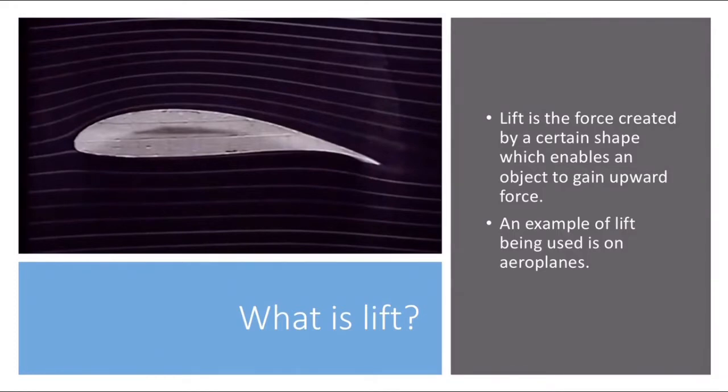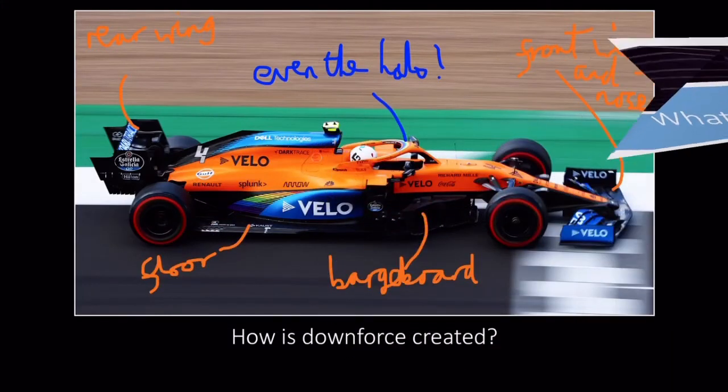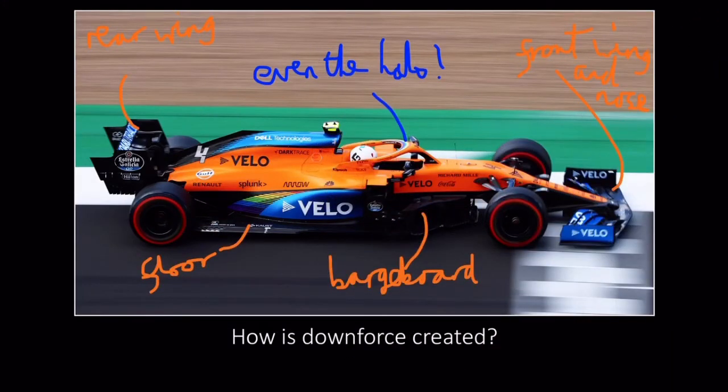Now we're going to discover how downforce is being created, and what better way to find out than a Formula 1 car. So here we go. There is the front wing and the nose in general that can produce downforce to produce grip at the front.